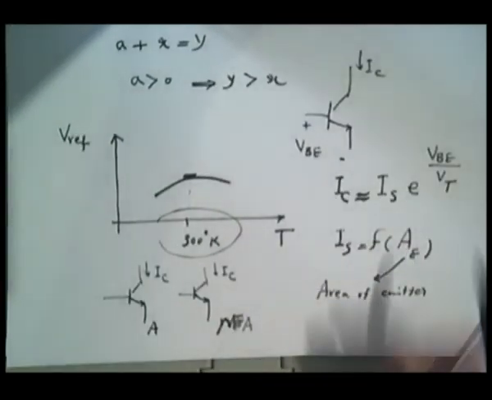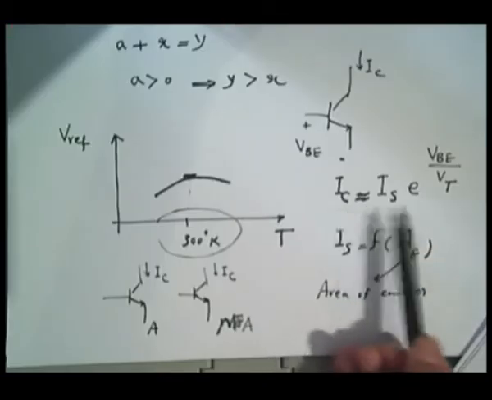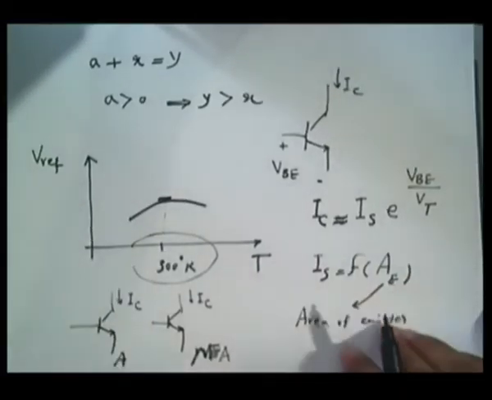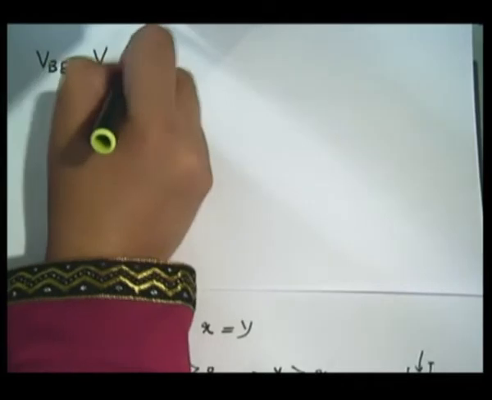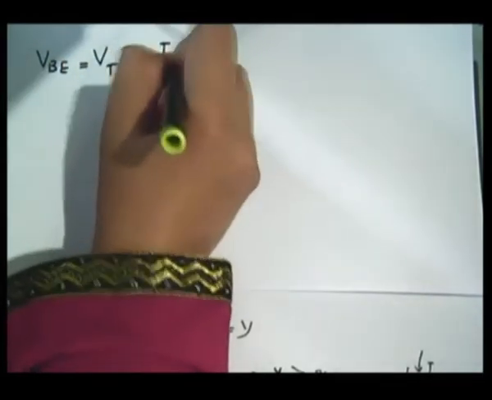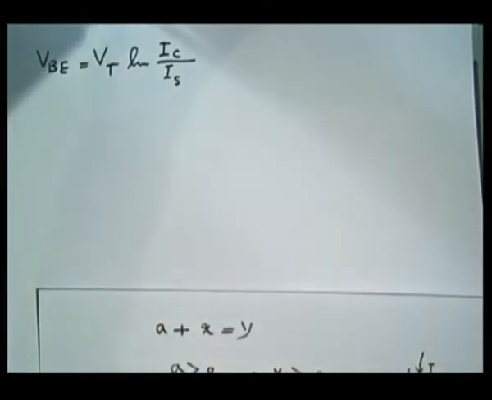Now, what will be the relation for the VBE? From this, VBE is Vt ln IC upon Is. Is is proportional to area.